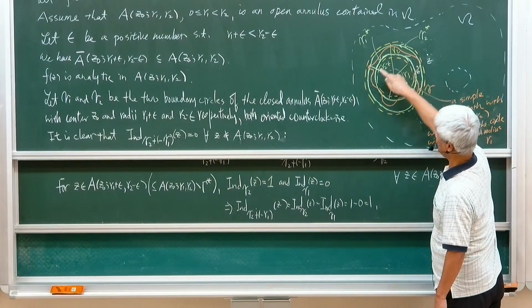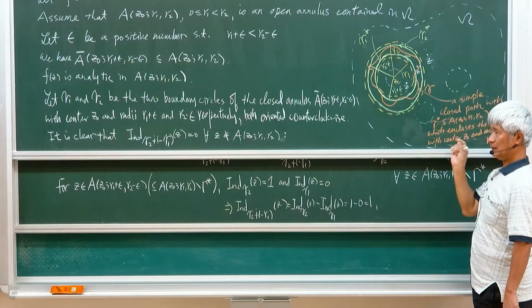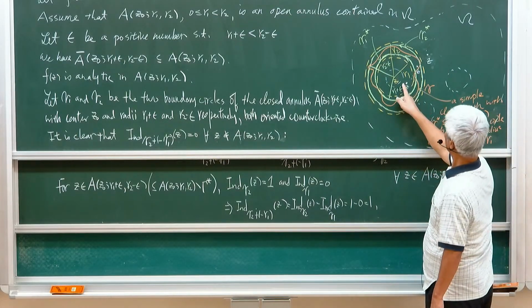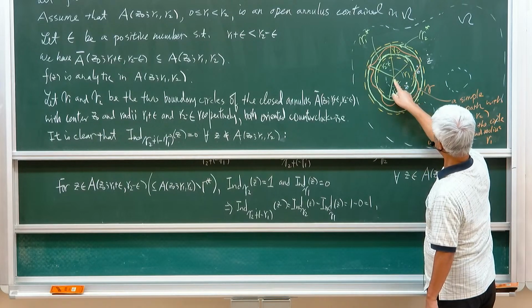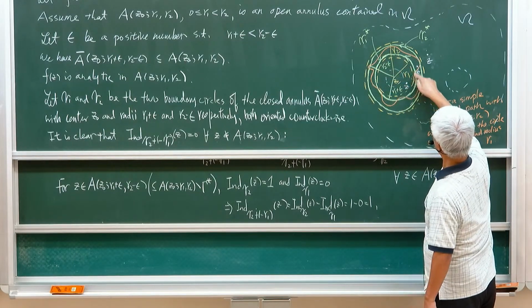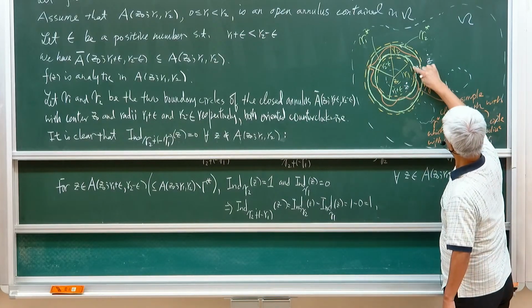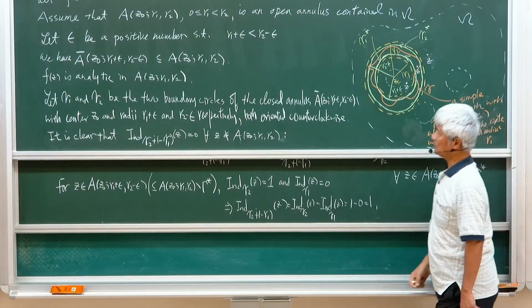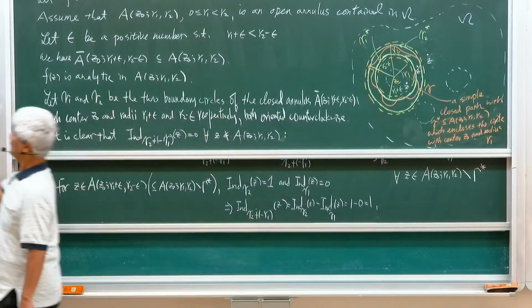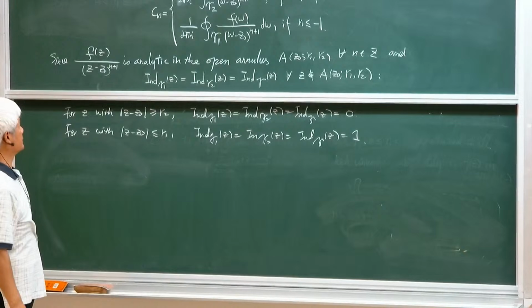So for these three simple closed paths, the outer circle and inner circle, the index will be equal. They are all equal.